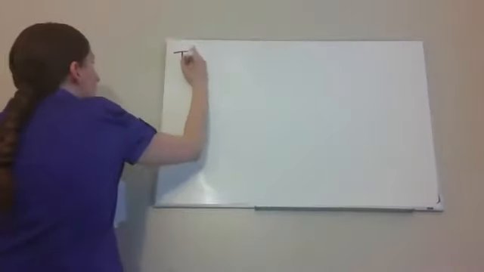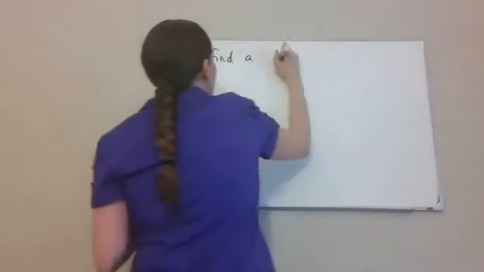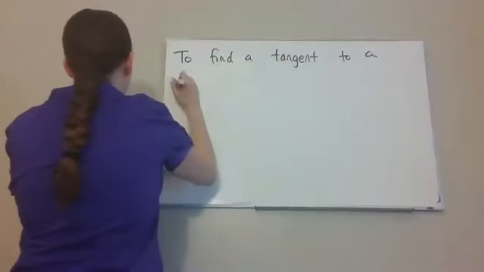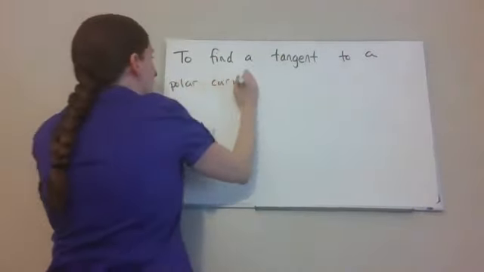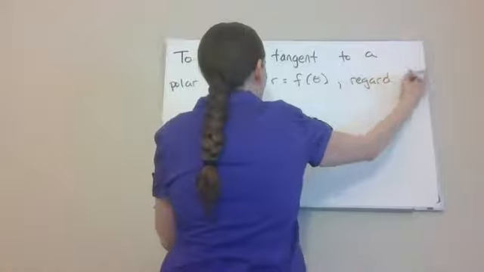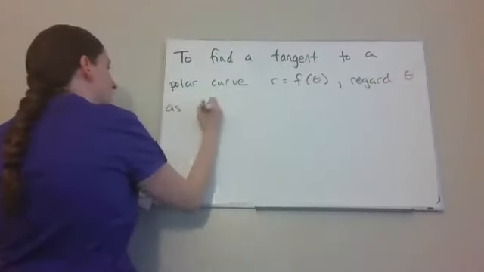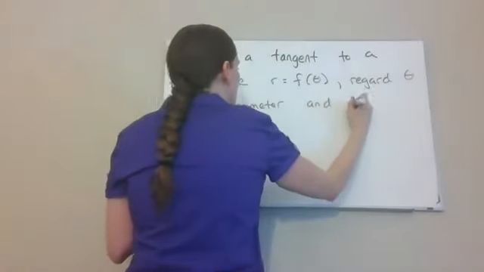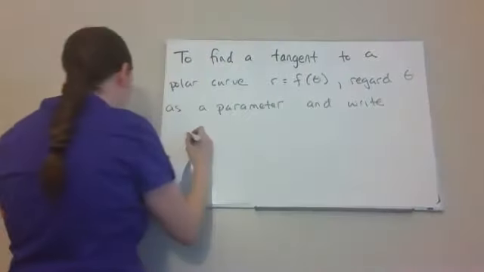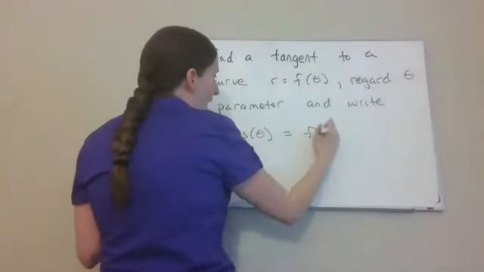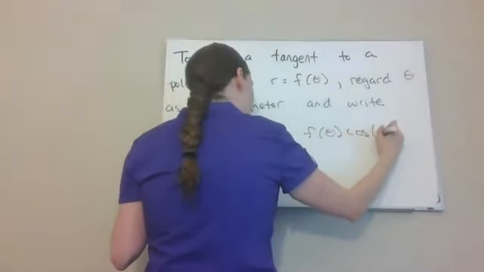So to find a tangent line to a polar curve r equals f of theta, we're going to regard theta as a parameter and write the parametric equations. x equals r cosine of theta, or f of theta cosine of theta.